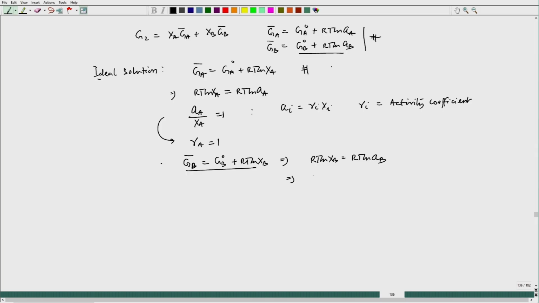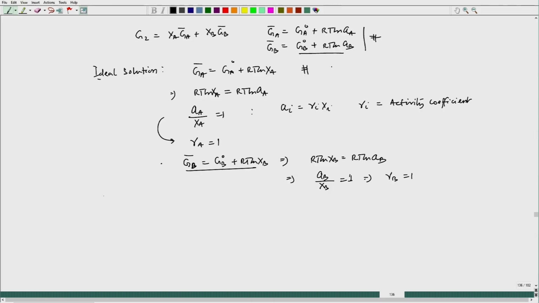This is at a particular temperature, where R is the gas constant. So, Ab by Xb should be 1, and it gives gamma B equal to 1. Fine, so that is the ideal consideration.